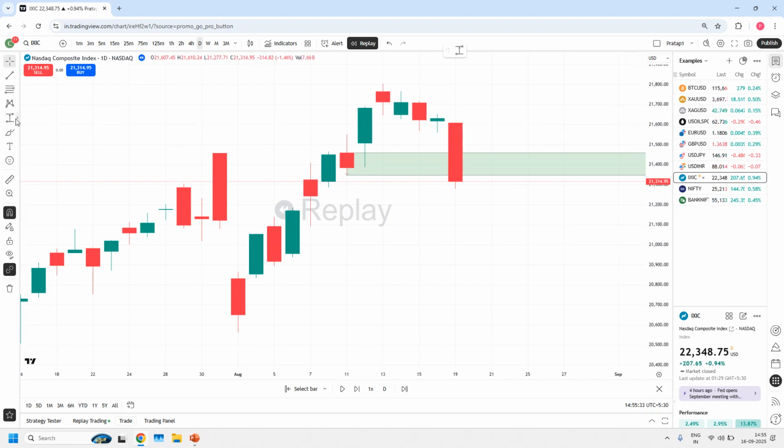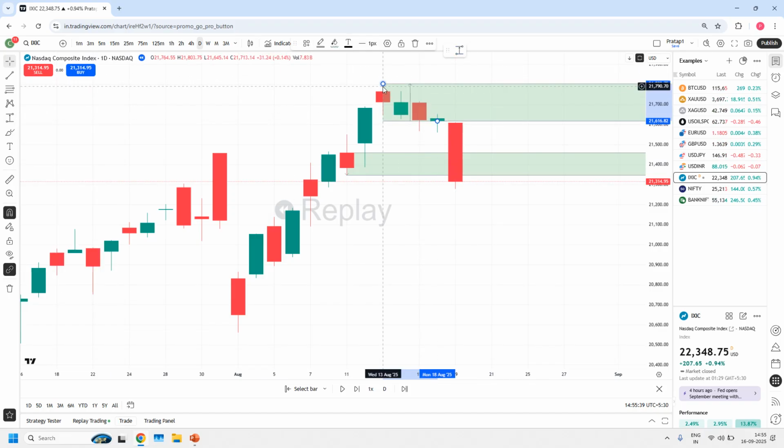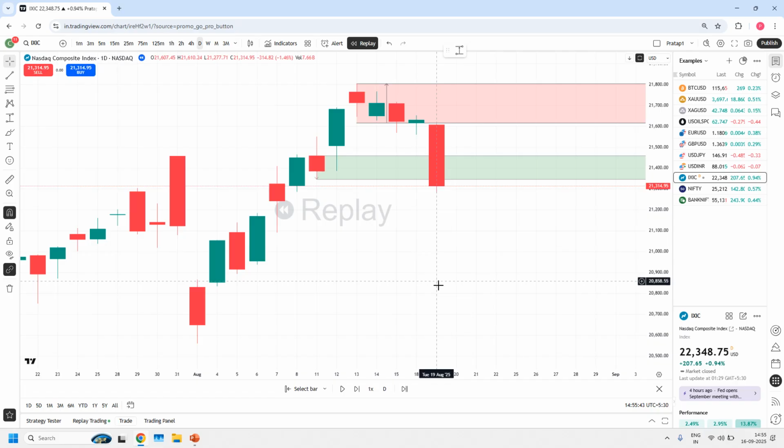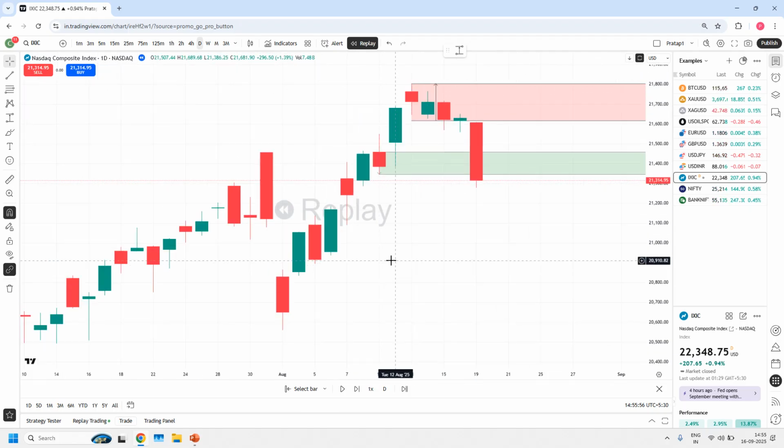Let us analyze. First, let me draw the supply zone. Let me change the color. Okay. Always we give, as I explained in lesson 9.1 video, lesson 9.1, how to draw demand zones and supply zones in TradingView.